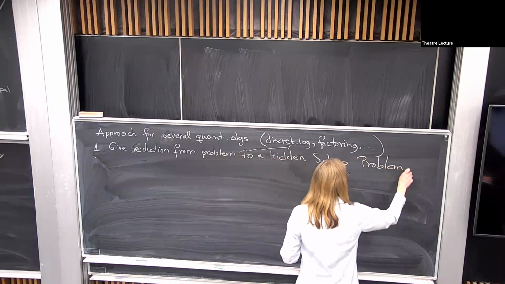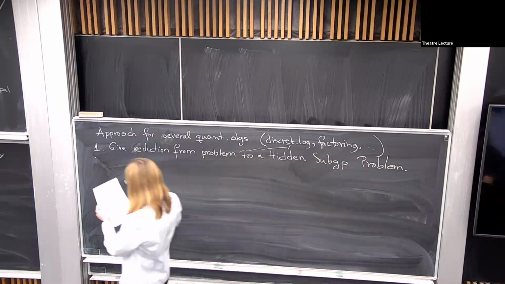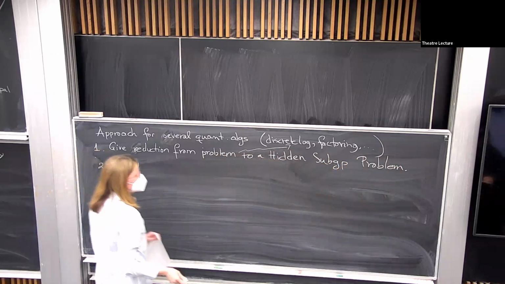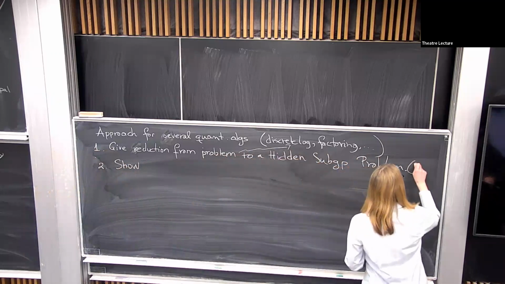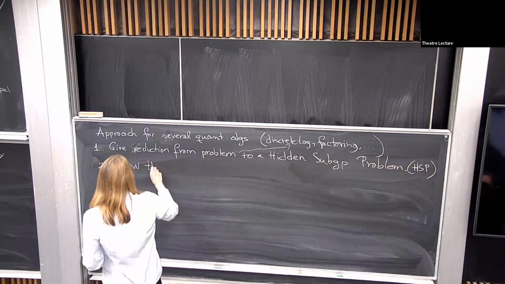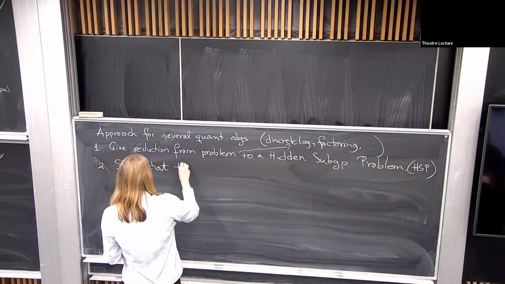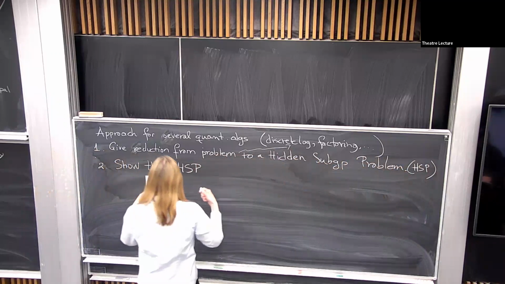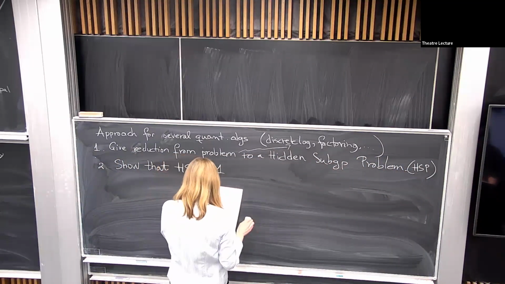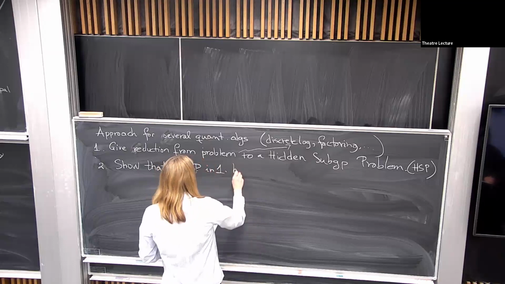We refer to that as HSP. And then the second step is that whichever one you reduce to, you want to show that it has an efficient quantum algorithm.